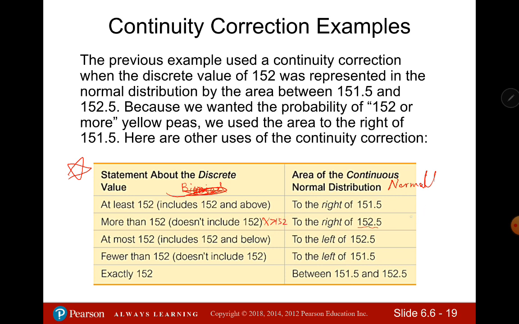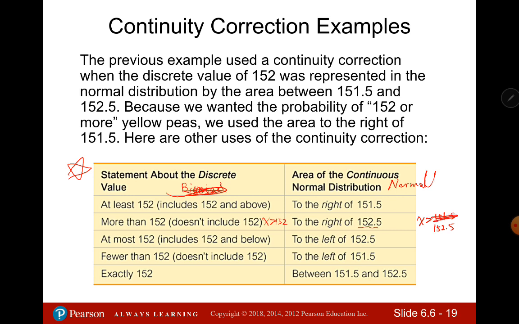Then after the continuity correction, we have two values. Which value should we pick for this case? We check the single point 152. We know there is no equal sign, so it's not possible to get exactly 152. If we pick 151.5, greater than 151.5, then it's still possible to get 152, right? So this one is not the correct one.